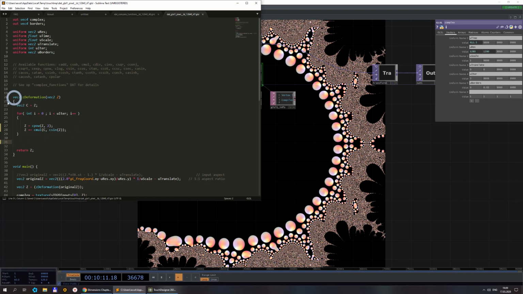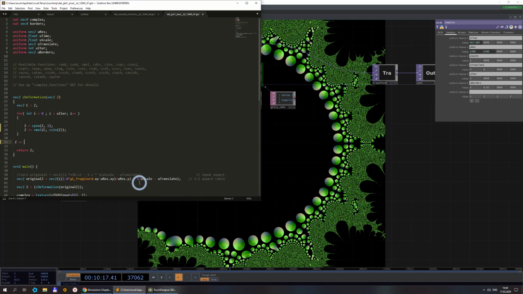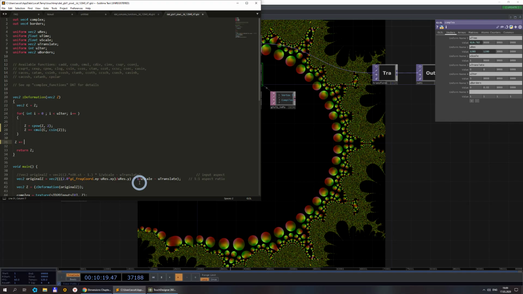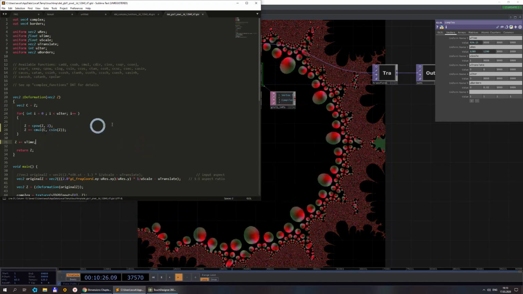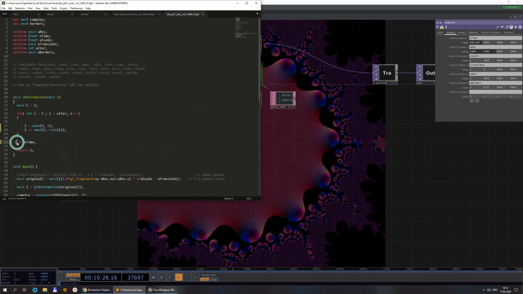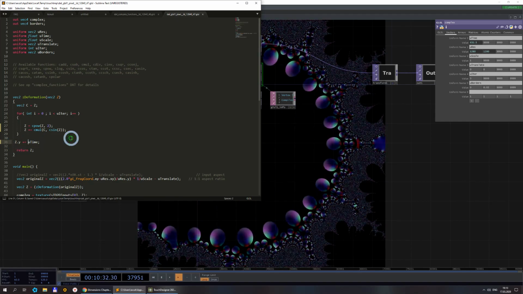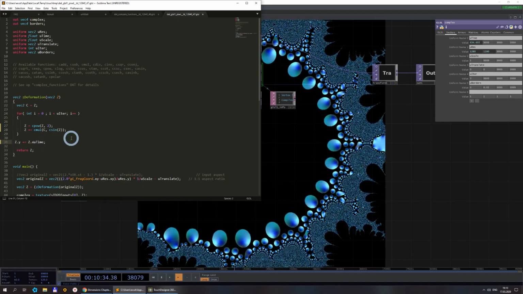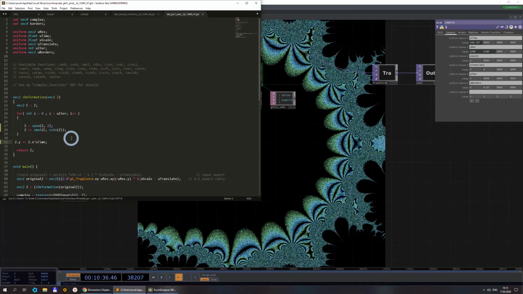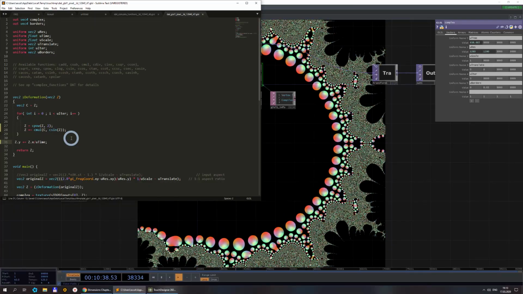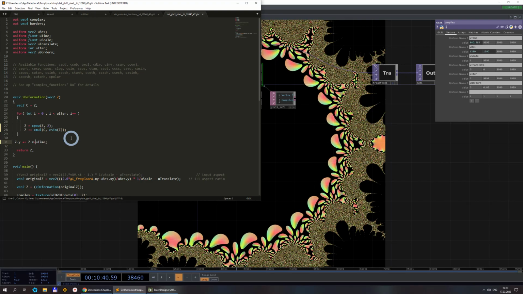But you could also, outside of the loop, do something like z plus equals uTime, and you get some super simple animation, or zy equals zx multiplied, divided, plus.